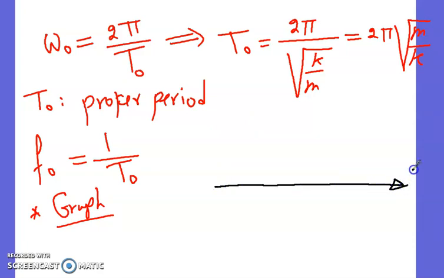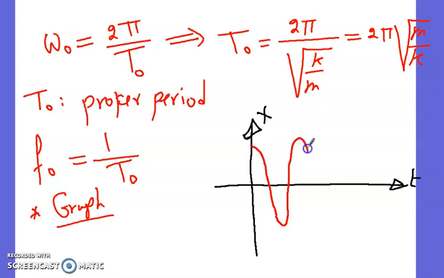This is the time axis as an abscissa axis, and this is the function x. Now you know the period, the graph is something like this. The sinusoidal curve, don't forget this.